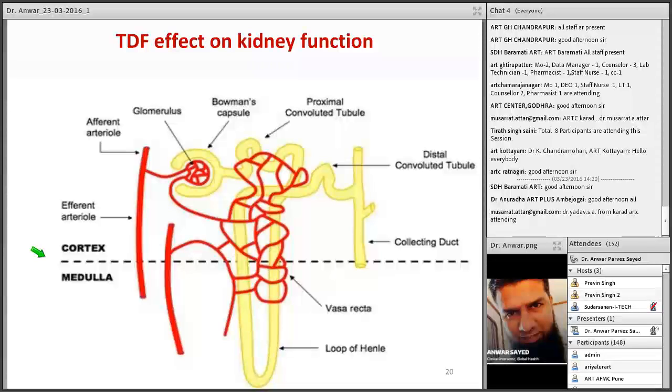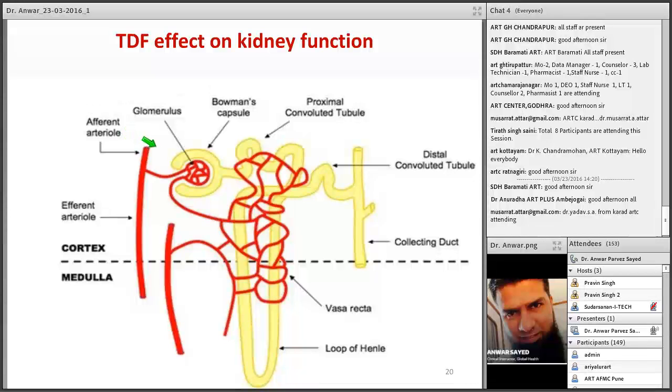Let's see the anatomy and physiology of the kidney functions before we move ahead, to make things easier to understand for all of us. If you remember, we have studied the structure called the nephron, which is the basic unit of the kidney.